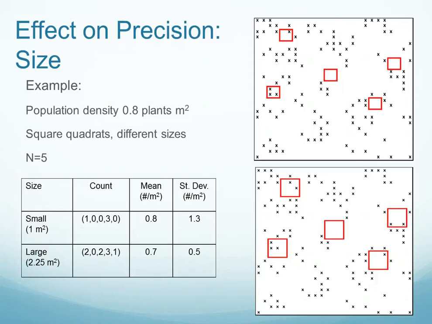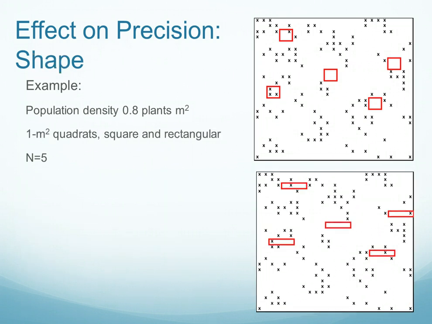What we see is because we reduce the number of empty quadrats by increasing the size, we can decrease the standard deviation in our estimate, and that will result in a more precise estimate.